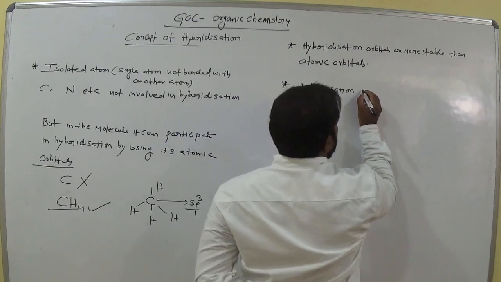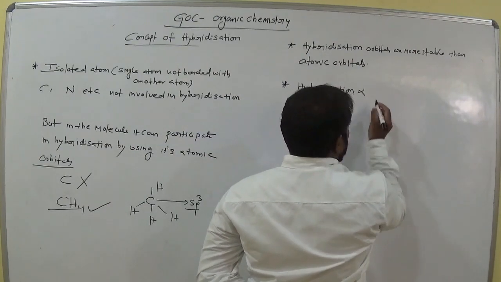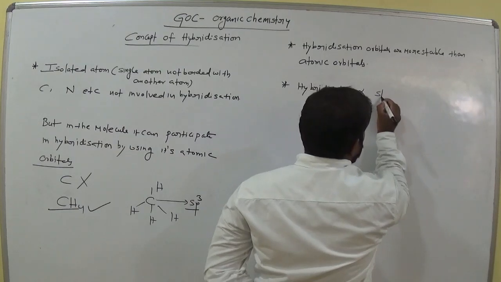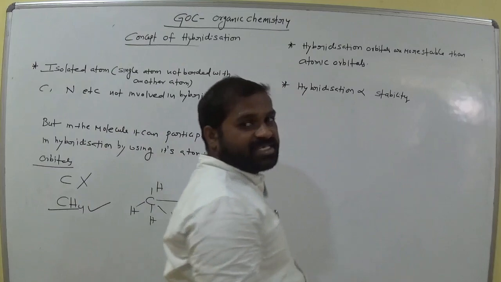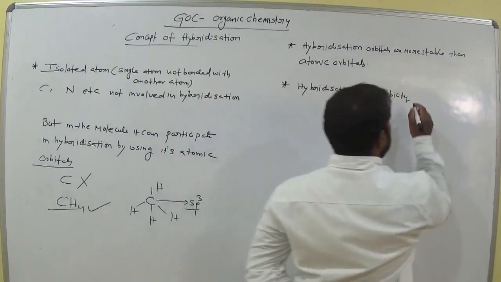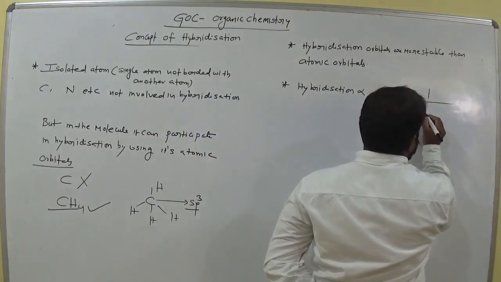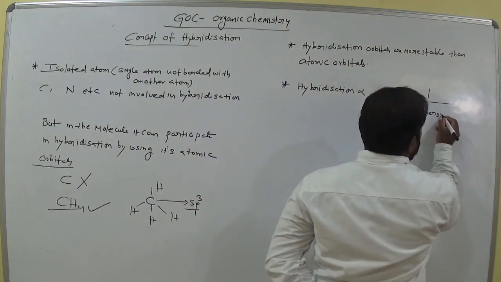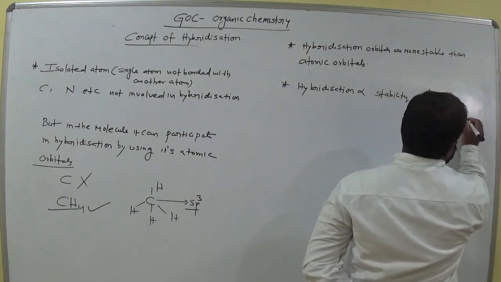Hybridization is directly proportional to stability. Stability of the molecule increases, but it is inversely proportional to energy. Energy decreases and reactivity also.